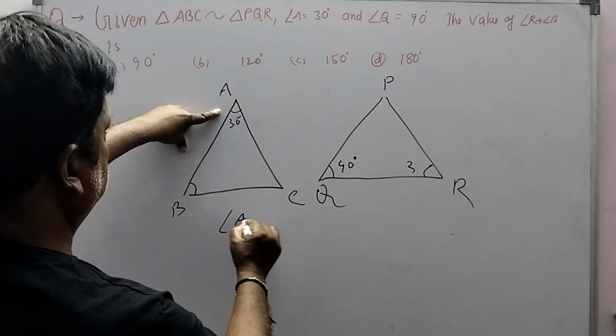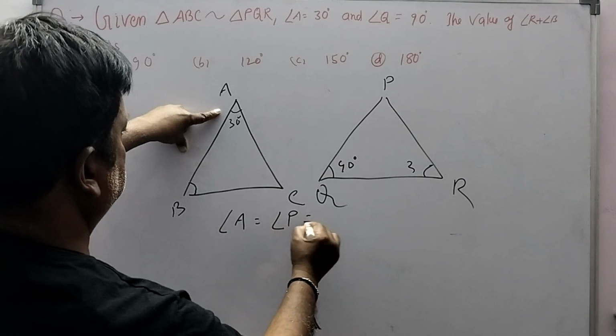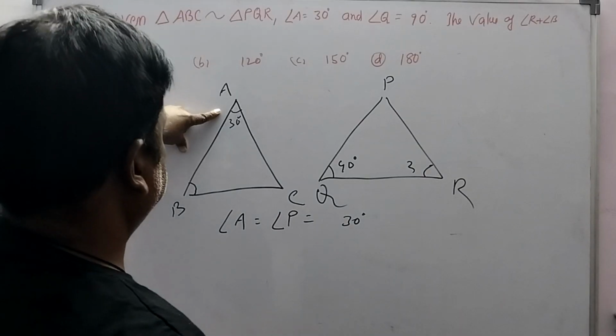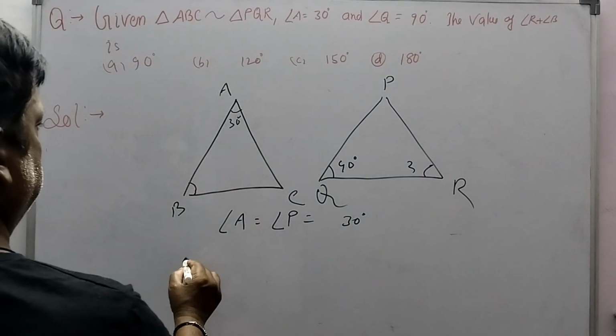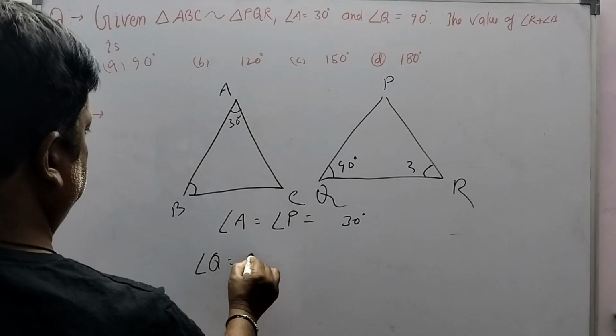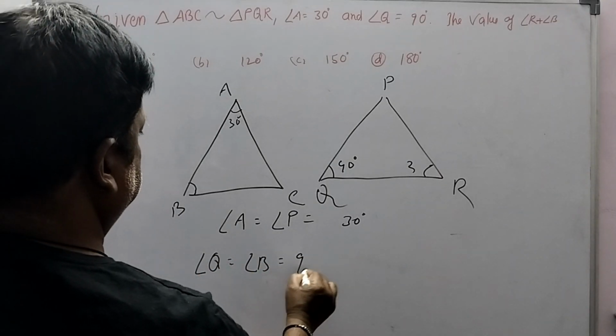Angle A equals angle P since the triangles are similar, so 30 degree. Angle Q equals angle B, 90 degree.